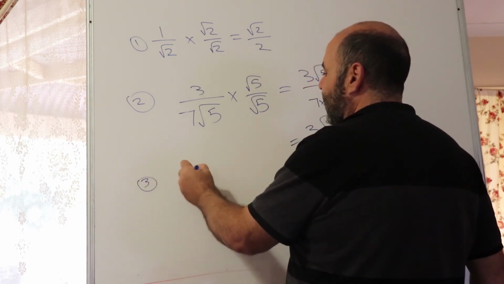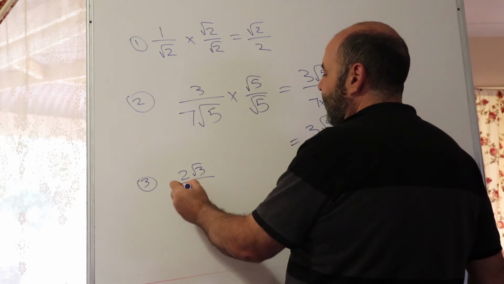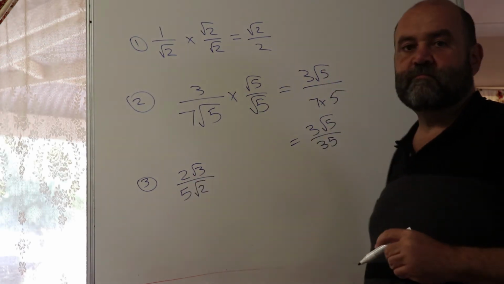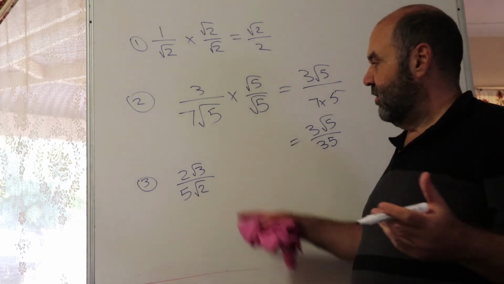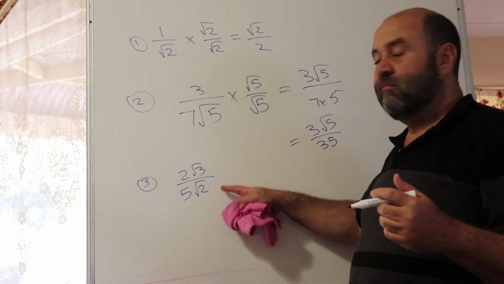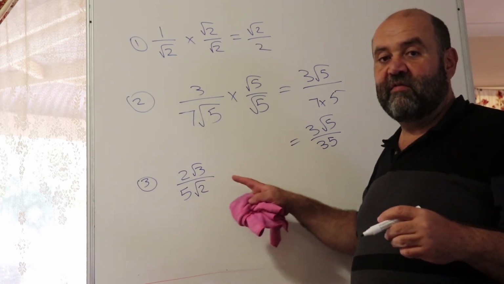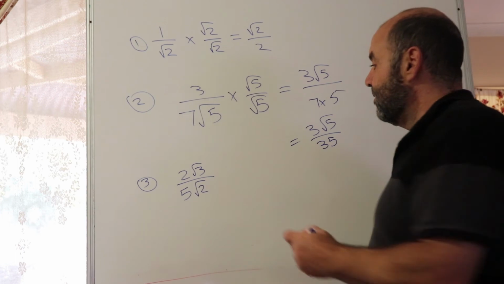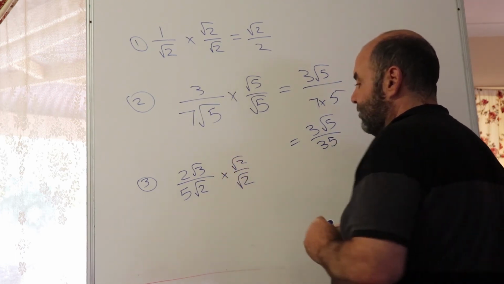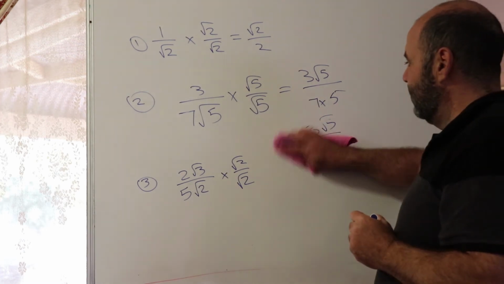So let's say I've got 2 root 3 over 5 root 2. I don't care that there's a surd in the numerator. I'm going to multiply above and below by the surd part of the denominator. That's all I do. So I multiply by root 2 over root 2.